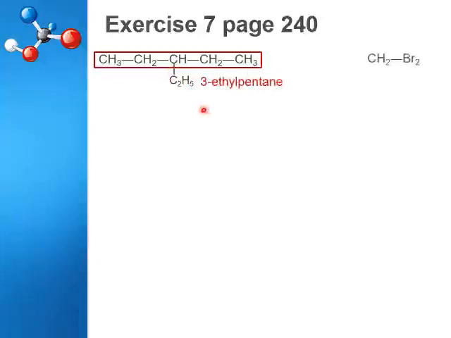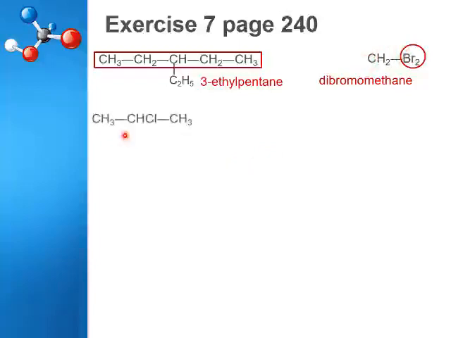The second one is the methane, since it contains only 1 carbon, and we have 2 bromine atoms attached to the carbon, so we have dibromomethane, and we don't have to specify the number where the bromine is attached, since we have just 1 carbon.